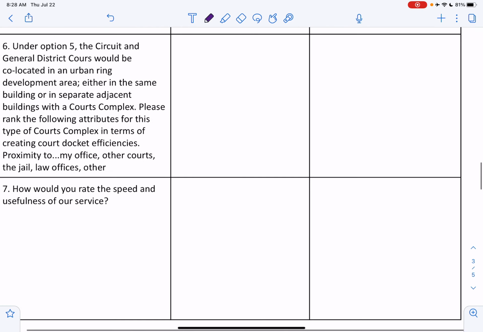The next one says, under option 5, the Circuit General District courts would be co-located in an urban ring development area, either in the same building or in separate adjacent buildings with courts complex. Please rank the following attributes for this type of courts complex in terms of creating court docket efficiencies: proximity to my office, other courts, the jail, law offices, other. So this is very, very confusing. So there's a lot of difficult language going on here.